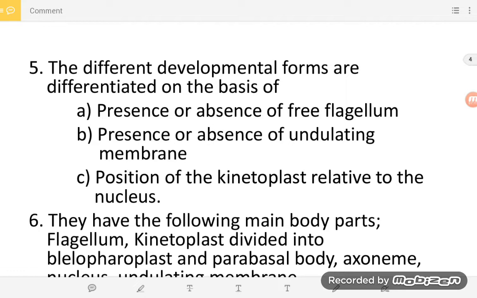Second, the presence or absence of an undulating membrane. Other one is the position of the kinetoplast relative to the nucleus. By using that we can differentiate the stages.